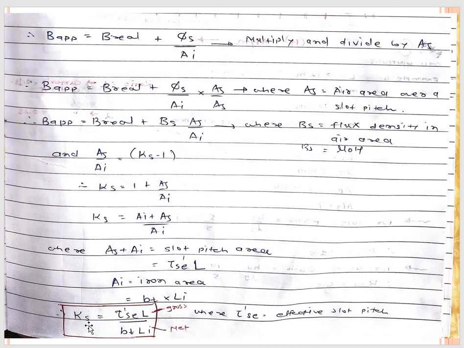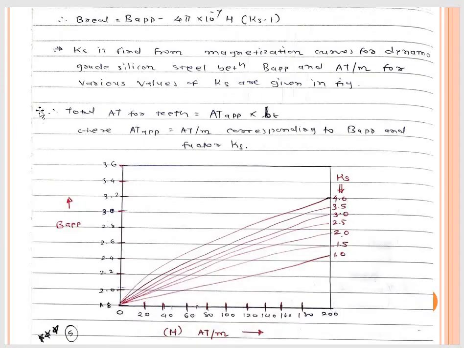So finally Ks is given by tau S dash into L divided by BT into Li, where L is the gross length and Li is the net length, and tau S dash is the effective slot pitch.